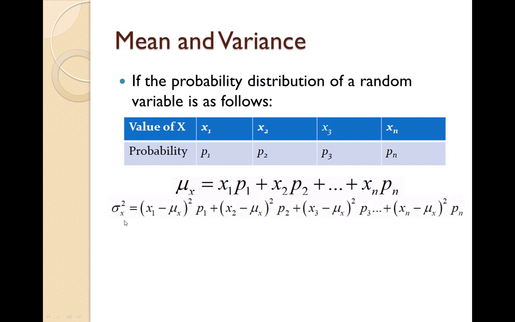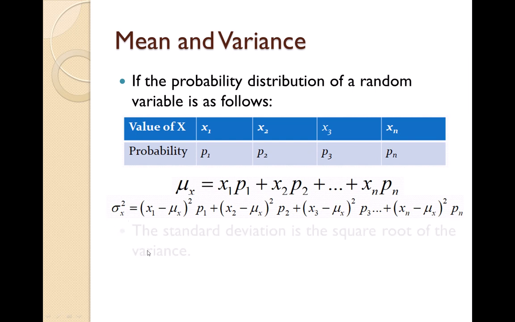To get your variance, you take the value for the mean, subtract it from each value of x, square it, and multiply it by its particular probability. You take this particular value for your random variable, subtract the mean that we got, take that difference and square it, and then multiply it times this probability. And you just keep doing that until you complete the whole thing.